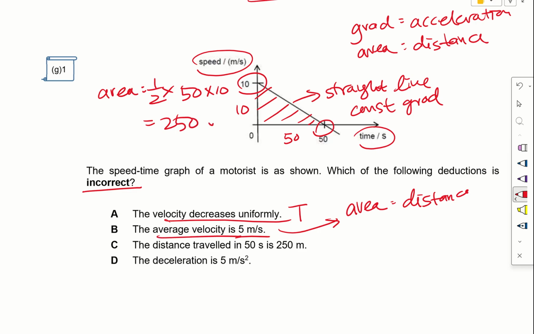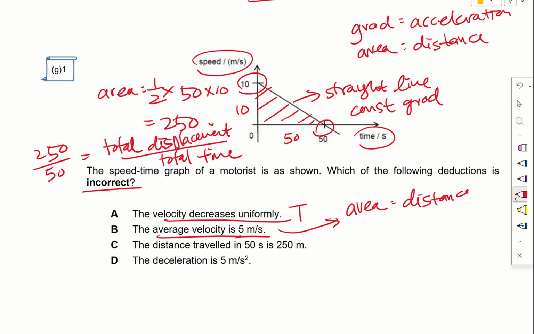Now how do you find the average velocity? It will be total displacement over total time. Because there's no change in direction, the distance is the displacement. So we get 250 divided by total time of 50, which is 5 meters per second. So again, this is true.